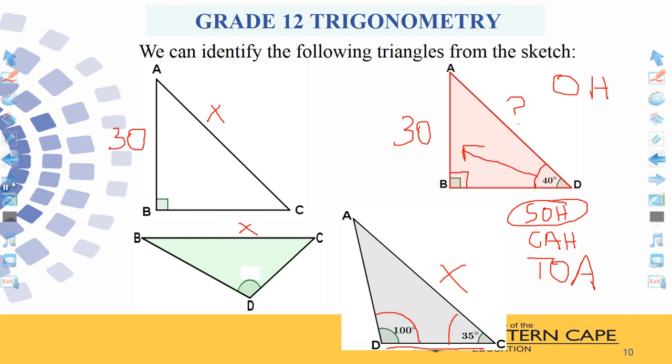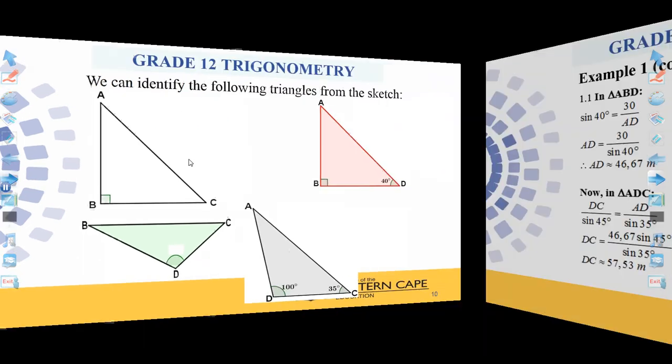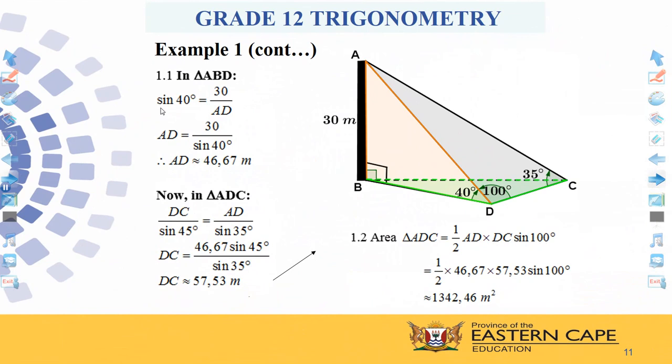That is why you see I have used sine. My focus is on this triangle, so sine of this angle, sine 40 degrees, is equal to opposite, which is 30, over hypotenuse, which is AD, the one that I'm looking for. This one is divided by 1, so I can just multiply.